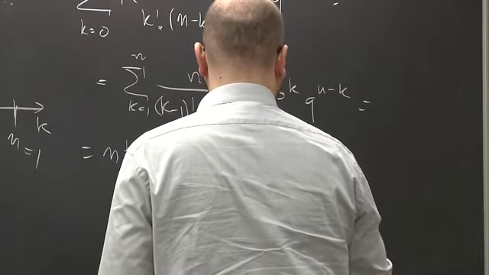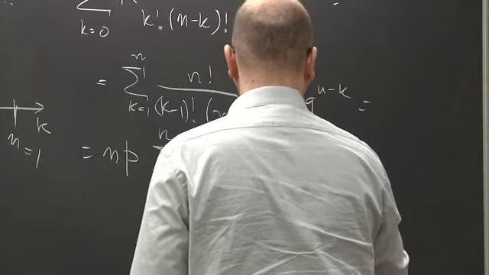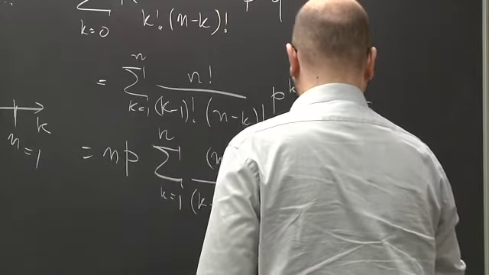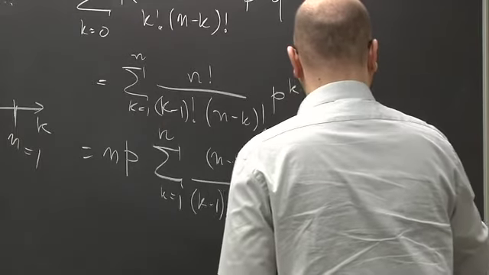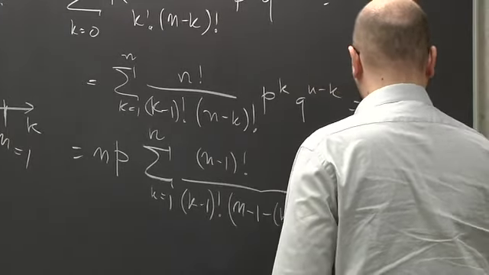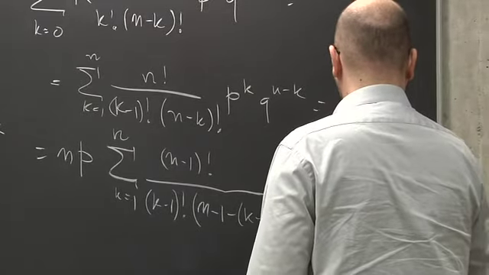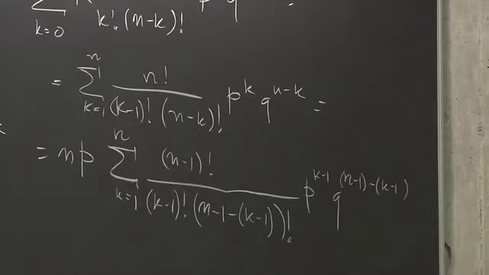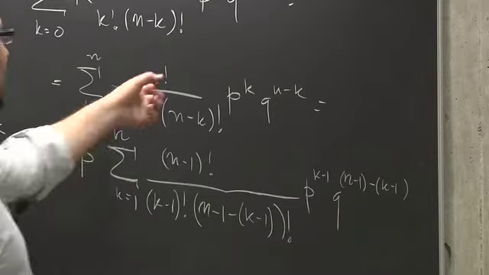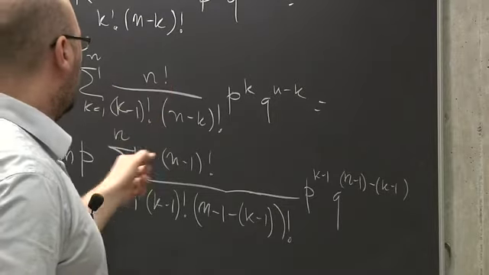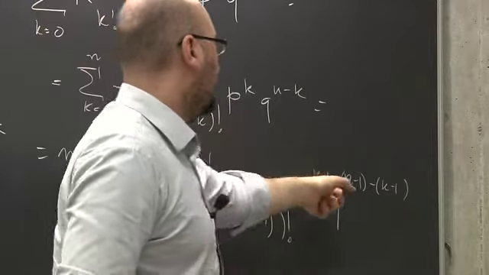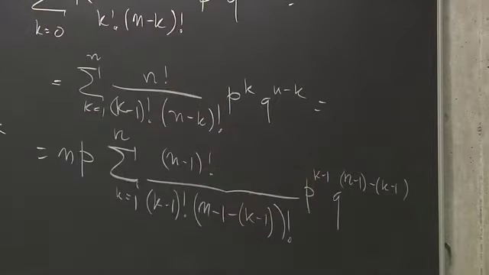And then we have, let me write this as n minus 1 minus k minus 1 factorial, and we have p to the k minus 1, q to the n minus 1 minus k minus 1. Okay? I just took one of the n that comes in n factorial and put it out, and one of the p and put it out, so this becomes p to the k minus 1, this becomes n minus 1 factorial.